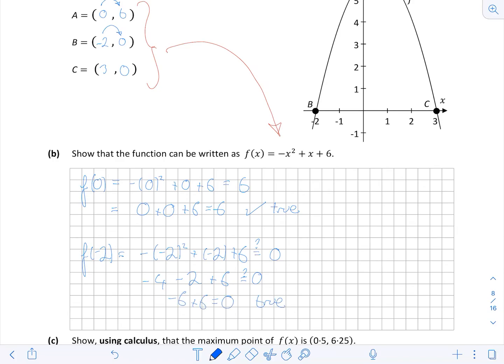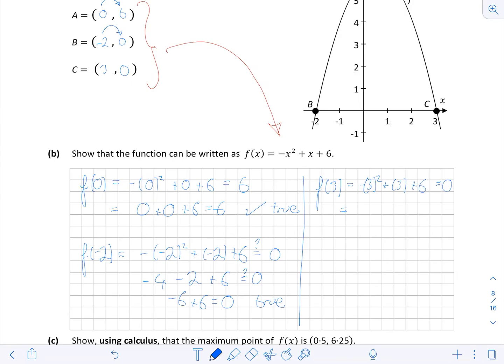True. So we've done the first two, and the last one is going to be f of 3, and I hope that will give me a 0. So we have to check, is it equal to 0? It's going to be -3 squared plus 3 plus 6.